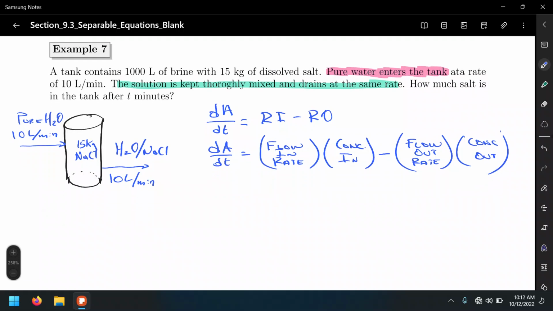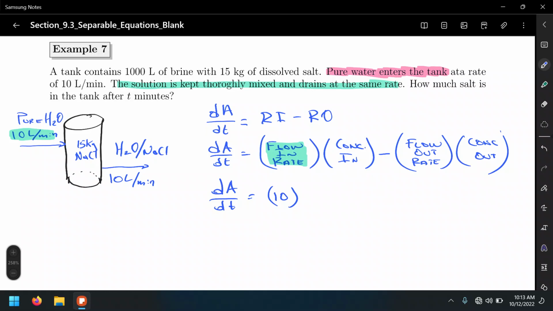Flow in rate. They're telling us the numerical value of the rate at which whatever is coming in, right? So the flow in rate is 10 liters per minute. Let me just write the number 10, so we can skip the units for now and leave that for the end.